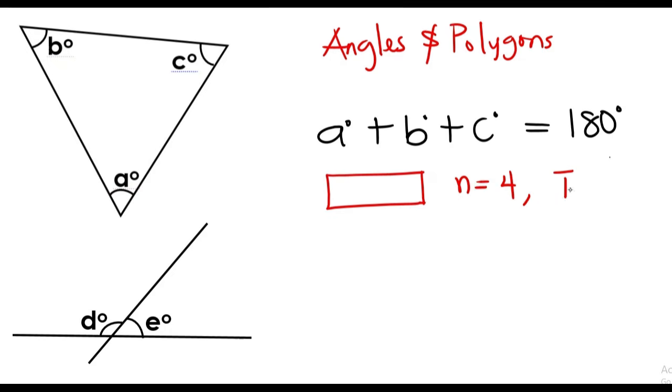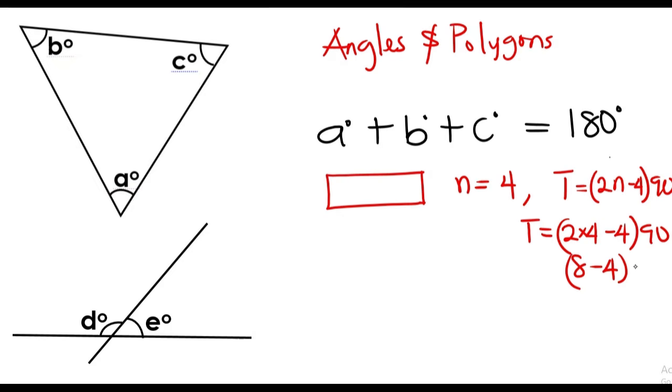If I insert that into the same formula, T stands for total, T equals 2 multiplied by (4 times 2, minus 4), all multiplied by 90. Sorry, 2 times 4 is 8, minus 4 is 4, multiplied by 90, and that's going to be 360 degree. So the total internal angles of a rectangle is 360 degrees.